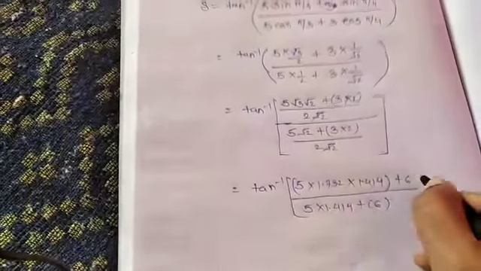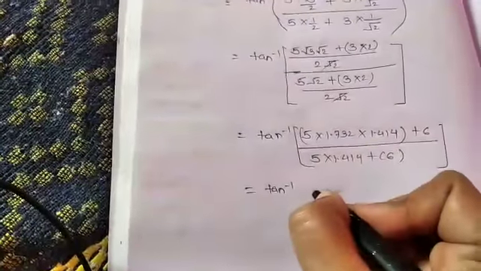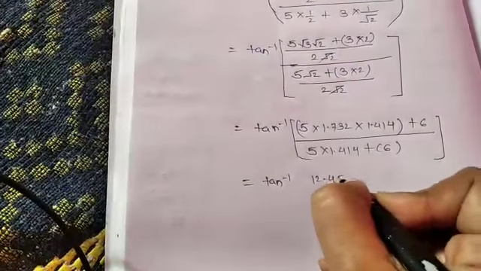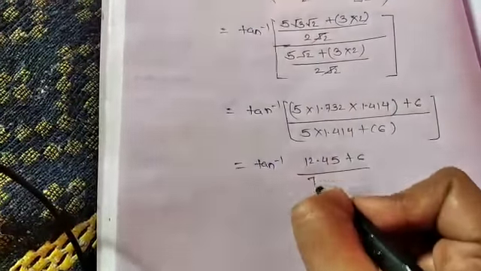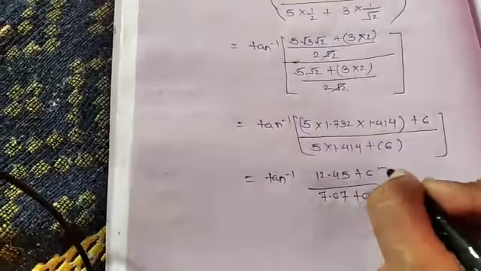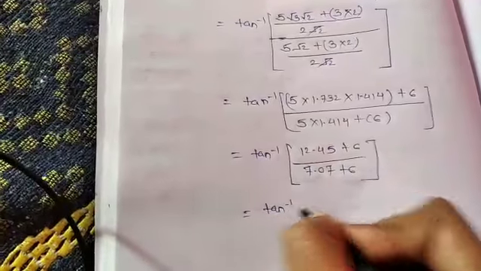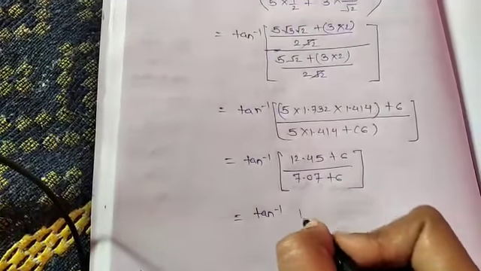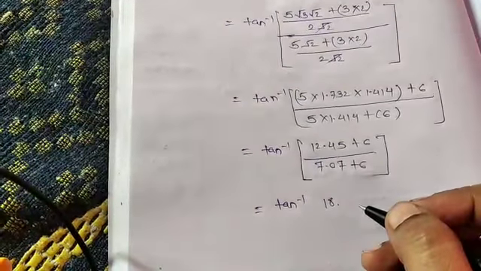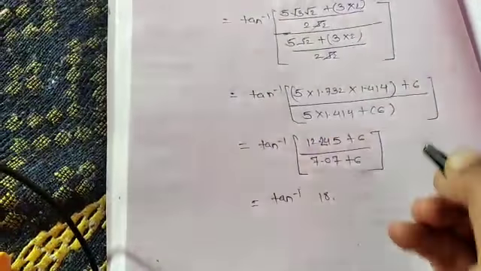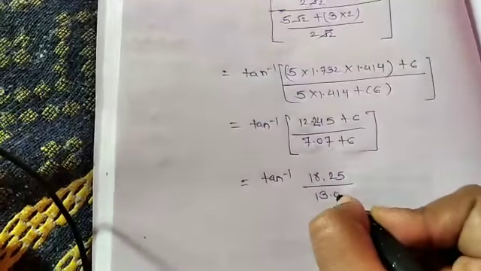Multiplying, we have 12.25 plus 6 divided by 7.07 plus 6. Adding, it is 18.25 divided by 13.07.